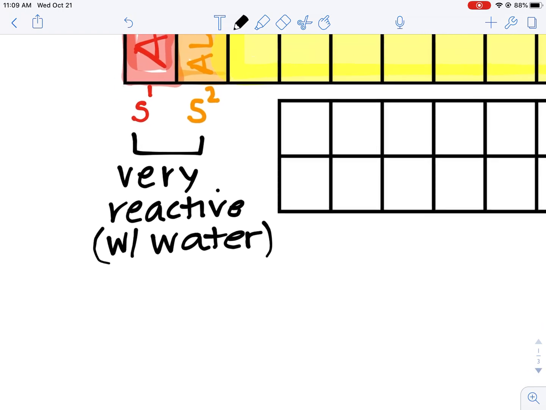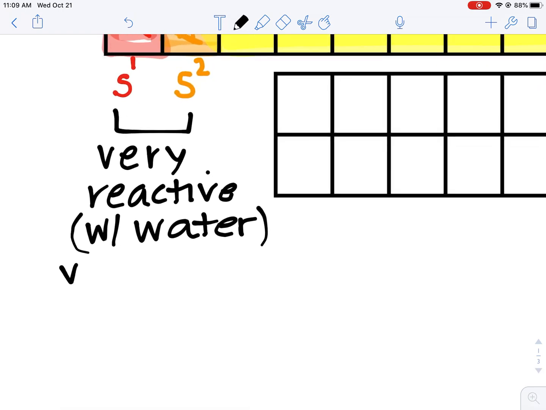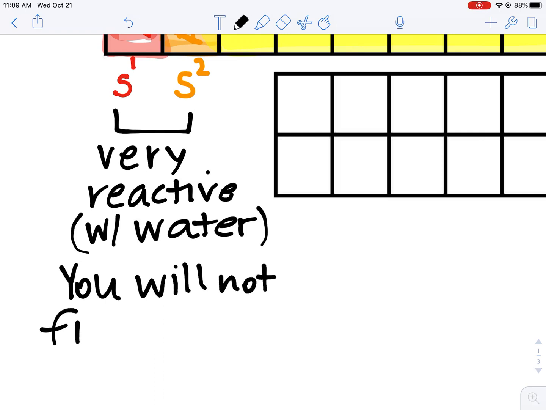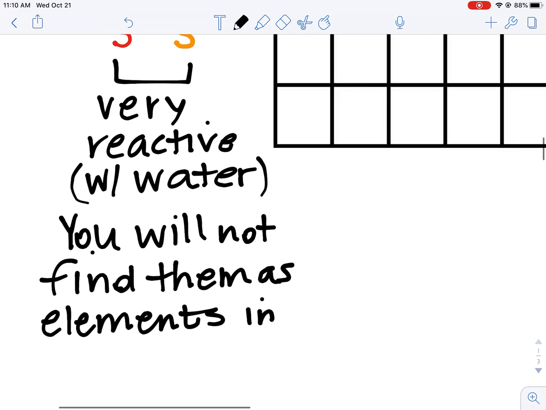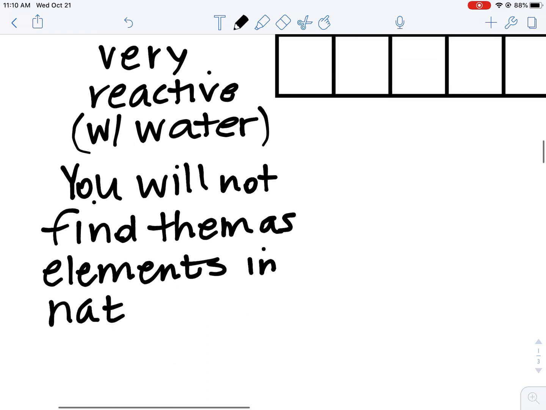In other words, they are so reactive that you will not find them as elements in nature.